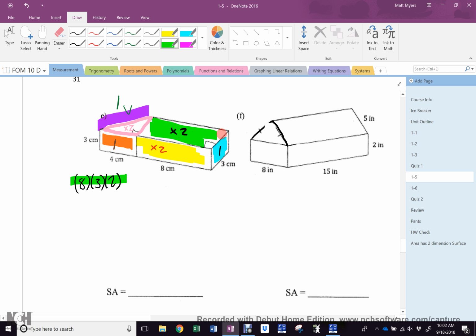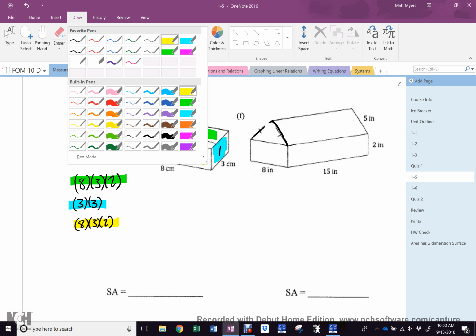Okay. All right. Is the blue one easy? What's the blue one? It's 3 by 3, and there's only one of them, yes? What's the yellow one? 8 by 3, by 2. That gets me the yellow one.